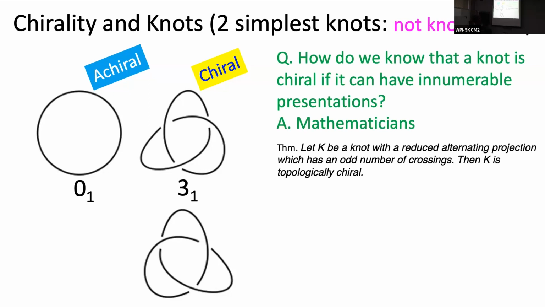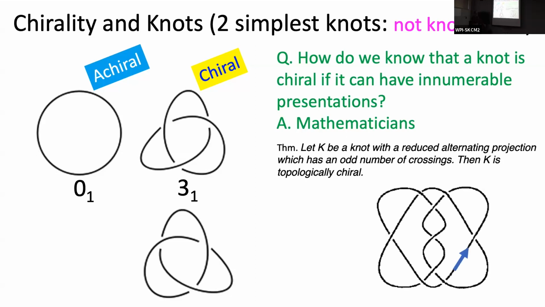And so it has been proven that there is no continuous deformation that will convert the right-handed trefoil into the left-handed trefoil. So here's the theorem: let K be a knot with a reduced alternating projection which has an odd number of crossings. Then K is topologically chiral. It cannot be deformed into its mirror image. This is a theorem for some kinds of knots. It's not a universal theorem for all knots.